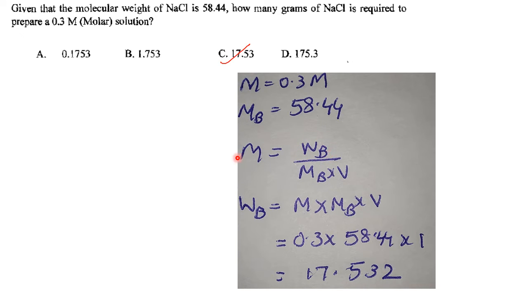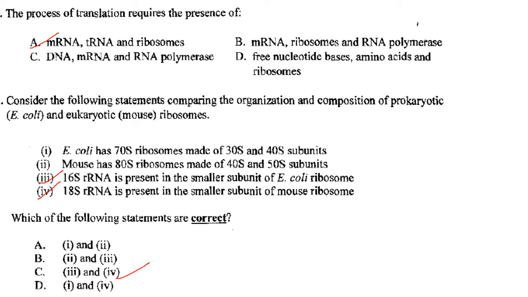So molarity equals WB by MB by volume in liters. WB is how much weight we have to take of the given compound. MB is the molecular weight of the given compound. So WB is equal to M into MB by V, or it is 17.532 grams. So the answer is 17.53. That is option C.